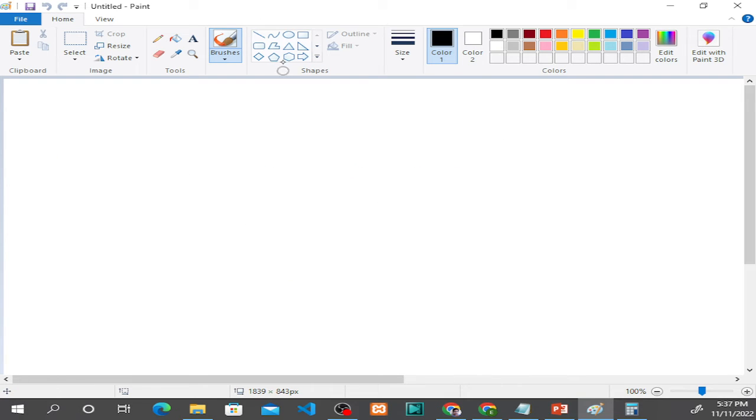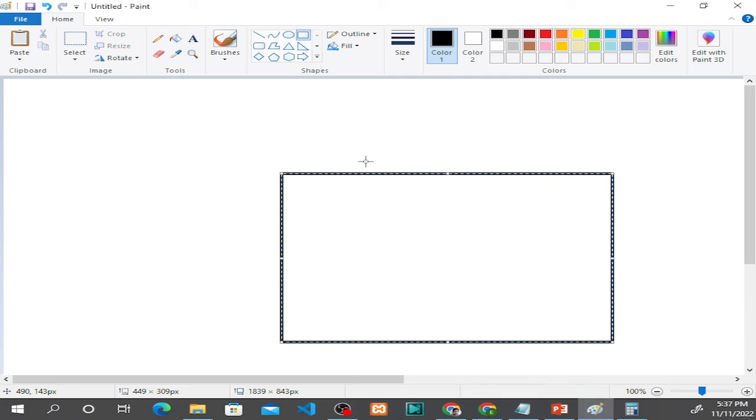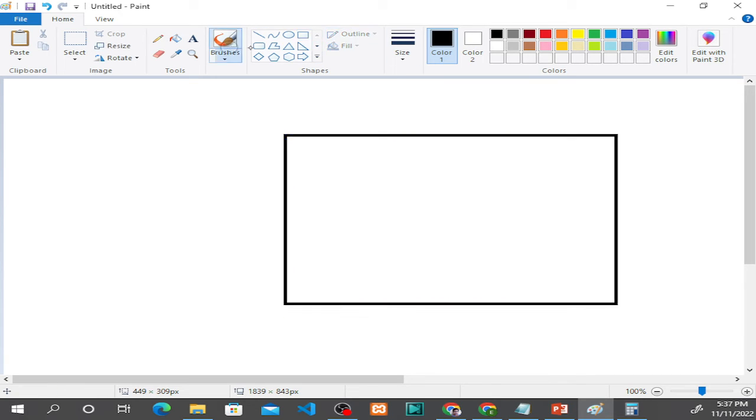Okay, and then I have to draw the triangle again inside our rectangle. So I have point A, point B, point C, and then D, and then we are going to supply the values.